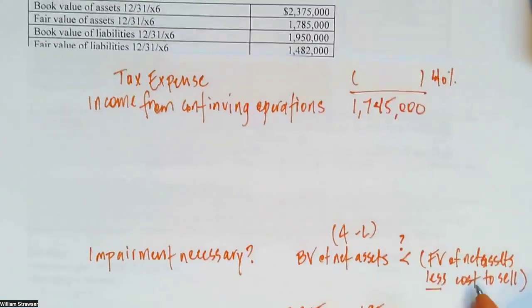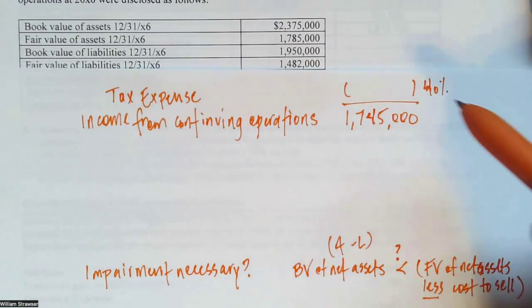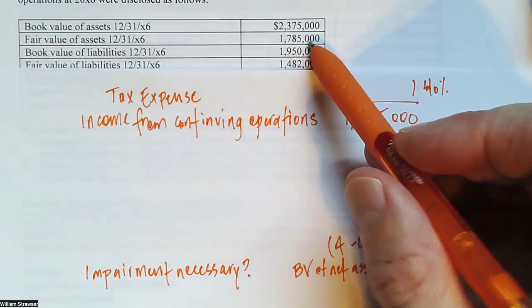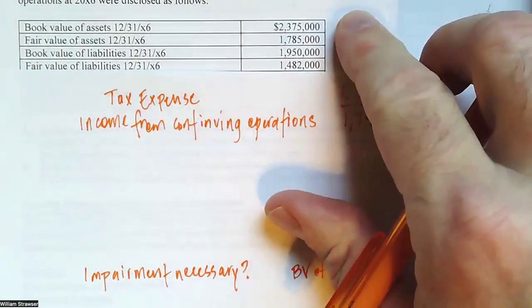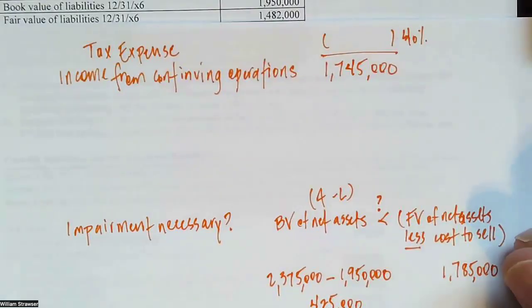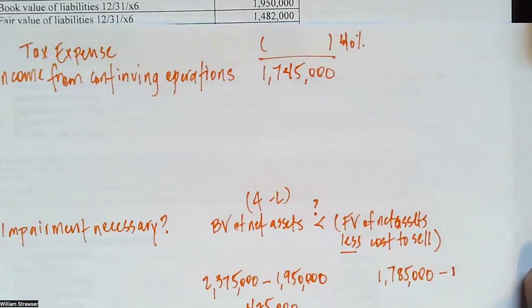Now we have the fair value of net assets. The fair value of net assets is the same idea. We're just now taking the fair value amounts. So we want to take 1,785,000 and we're going to take 1,482,000. That's the liabilities.